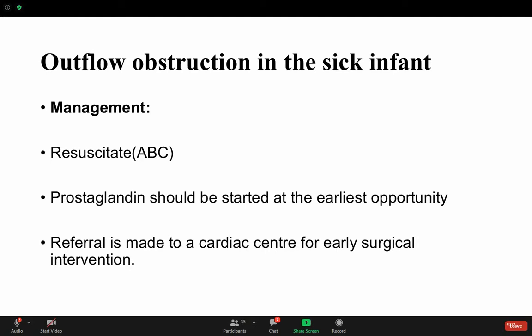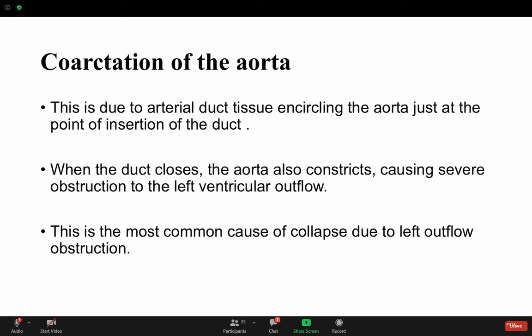بعدين لازم يتحولون للcardiac center to have surgical intervention. The coarctation of the aorta is due to arterial duct tissue encircling the aorta just at the point of insertion of the duct. مكان ما تشبك الدكتس arteriosus مع الأيورتا، تمام؟ نفس البطانة حقت الدكت لأنها ماسكلر وتقفل، تصير محوطة على الأيورتا فتقفل معها، تسبب تضيق في الأيورتا. هذا اللي يصير في الكواركتيشن.